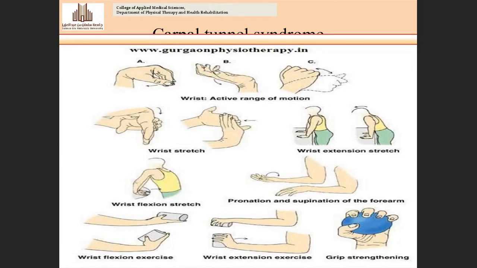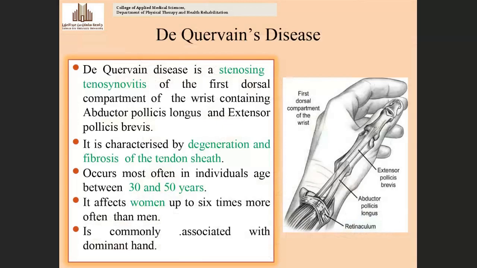You can provide pronation and supination exercises, and squeezing of the hand, meaning squeezing a soft ball or medicine ball. These are small hand exercises which will be helpful to improve the condition in a positive manner, and they can be taught to the patients.